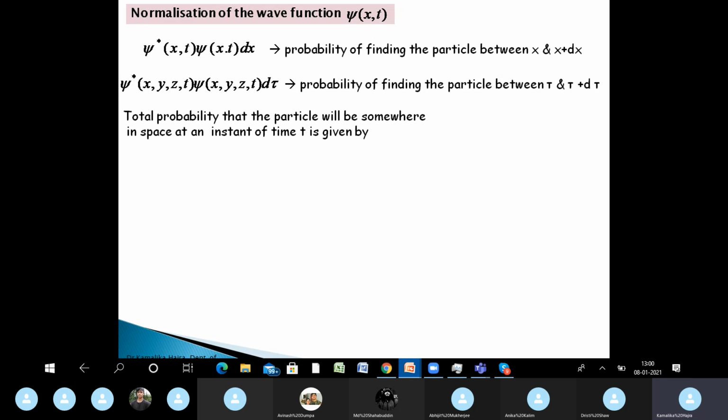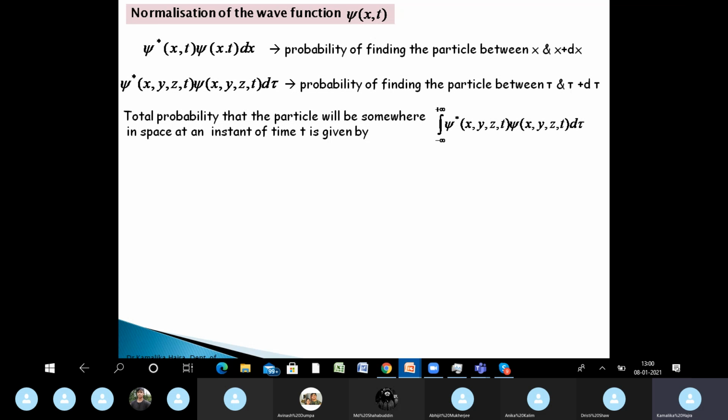Now the total probability that the particle will be somewhere in space at any given instant of time t is this. This psi star psi d tau is the probability of it existing within an infinitesimal volume d tau. So the probability of it existing somewhere in space has to be the integration of that function into d tau.